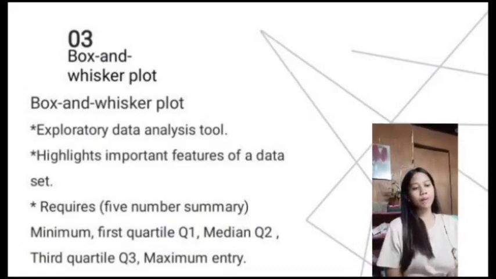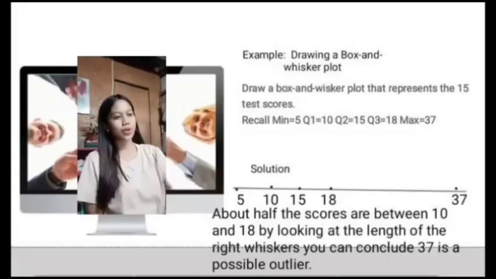Then we draw a box, with the middle line at Q2, which is the median, starting from Q1. Let's do the same problem again. Remember we found Q1 to be 10, Q2 to be 15, and Q3 to be 18.